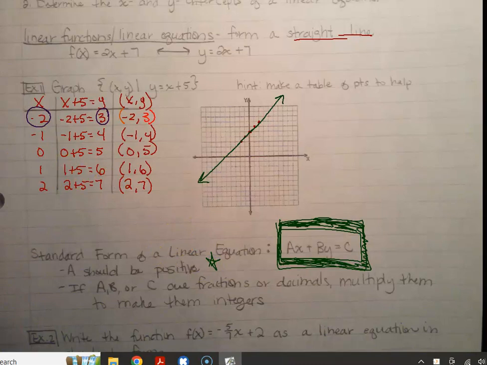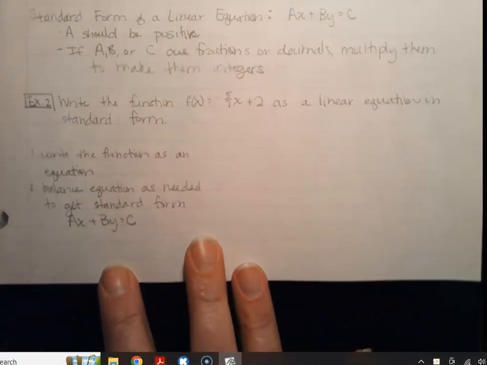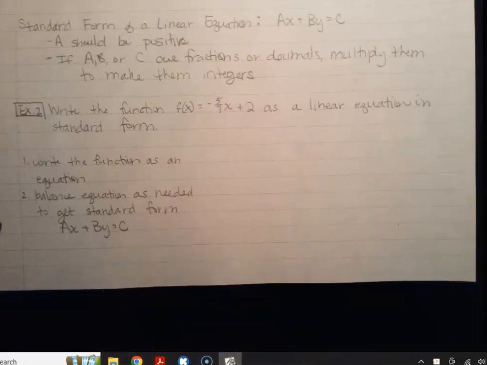All right, so let's actually try some. So example 2 down here says write the function f of x equals -5/7 x plus 2 as a linear equation in standard form. So first off, step one, we want to write the function as an equation.